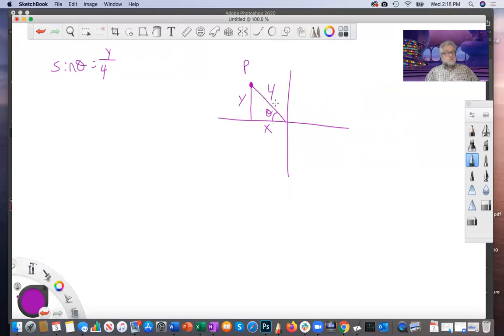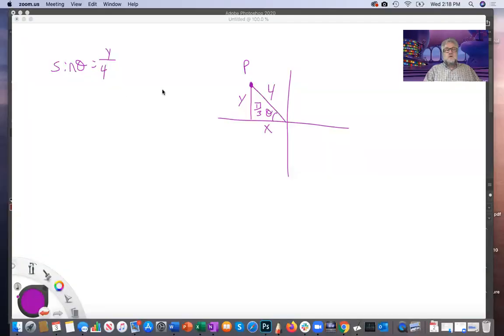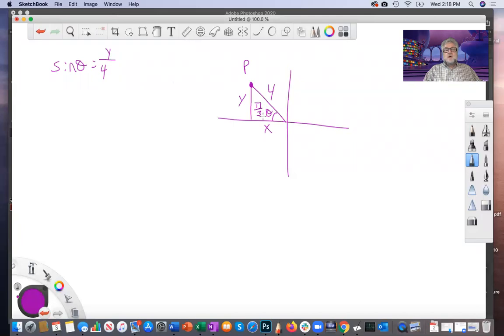Oh, okay. Sorry. We're told this is pi over 3. And let me look at something for a minute. So if it's pi over 3, I really prefer to work in degrees.